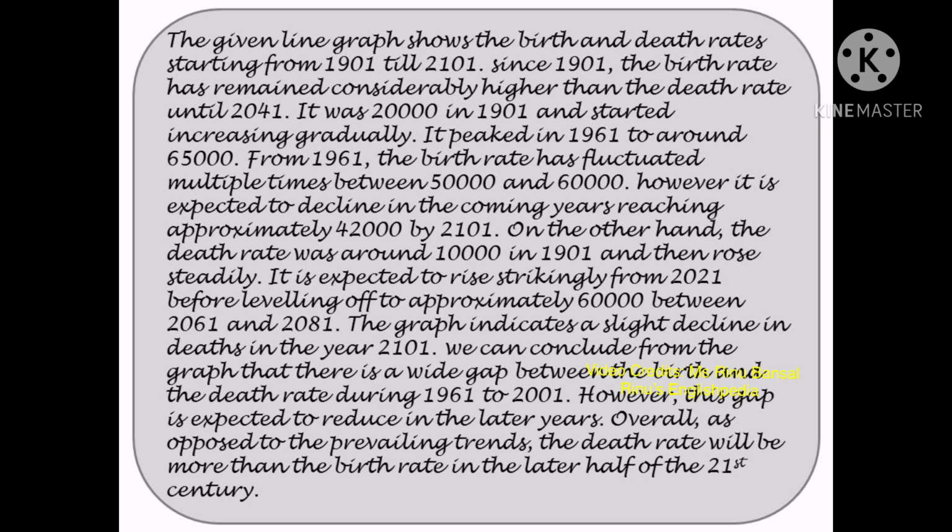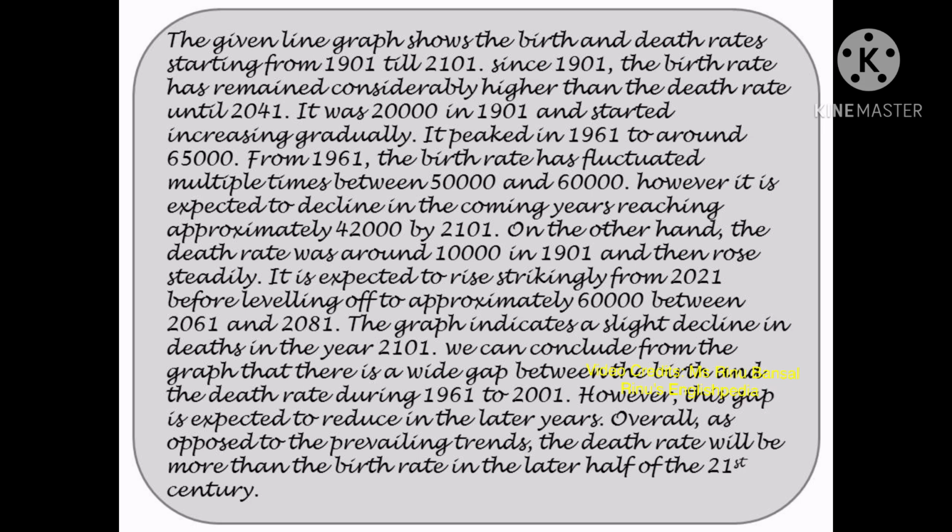It was 20,000 in 1901 and started increasing gradually. It peaked in 1961 to around 65,000. From 1961, the birth rate has fluctuated multiple times between 50,000 and 60,000. However, it is expected to decline in the coming years, reaching approximately 42,000 by 2101.